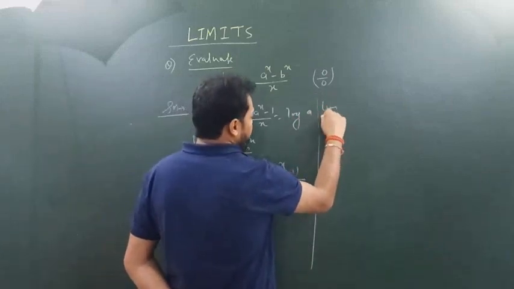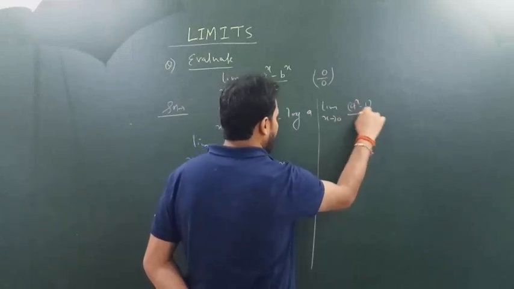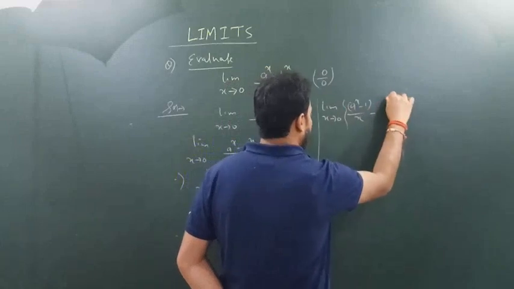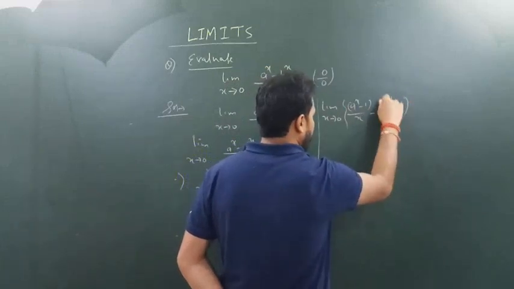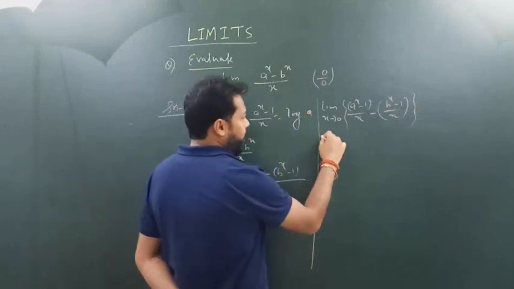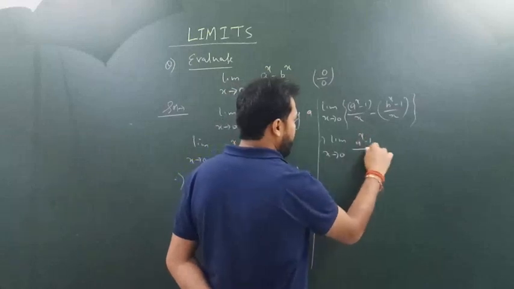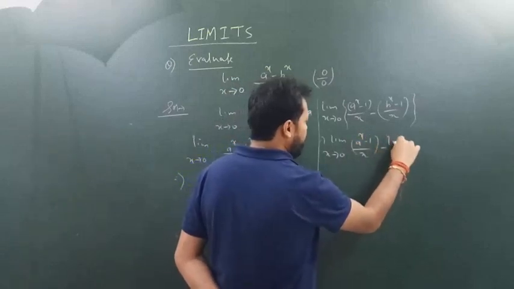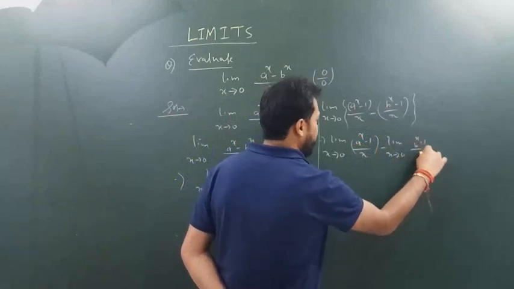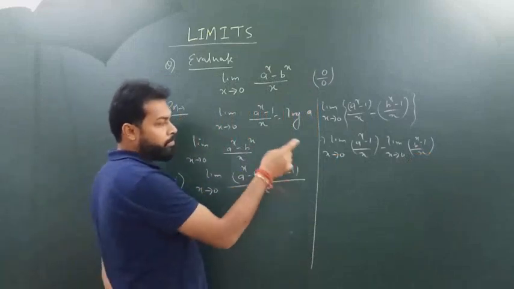So like that we can resolve into two factors. Now we have limit x tends to 0, (a^x - 1)/x minus limit x tends to 0, (b^x - 1)/x, and this is log a, and this is log b.